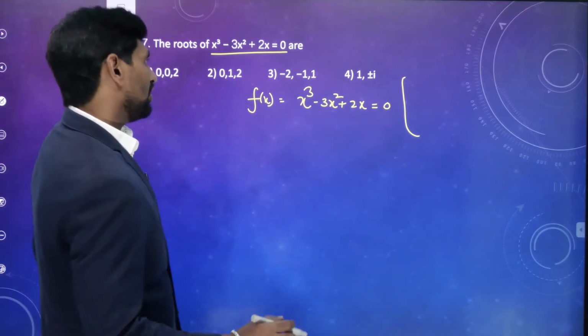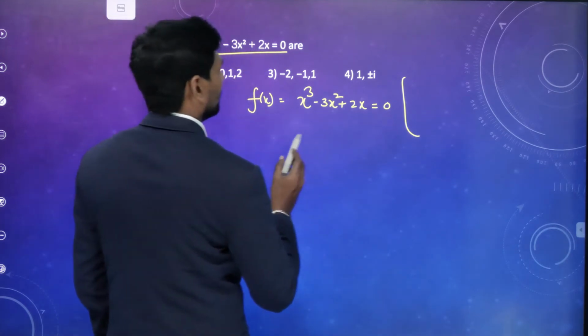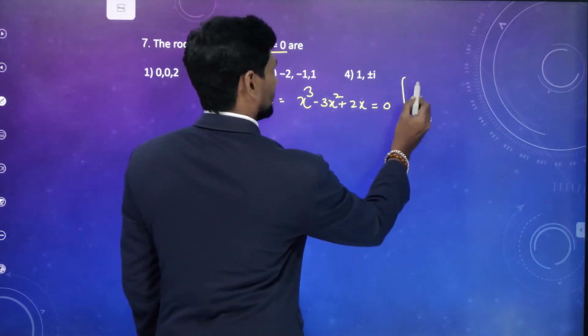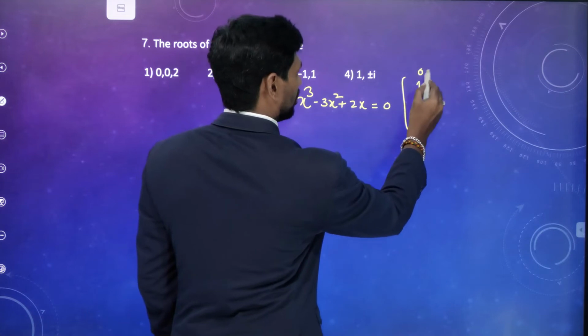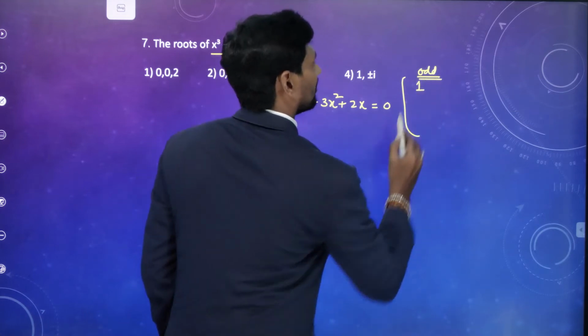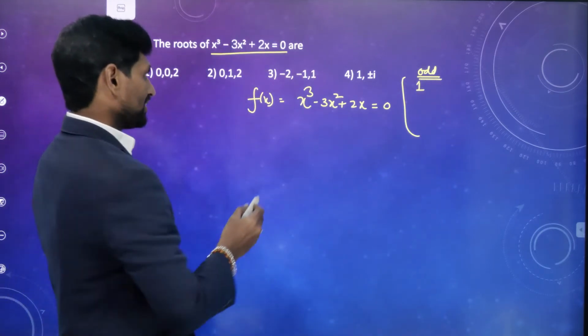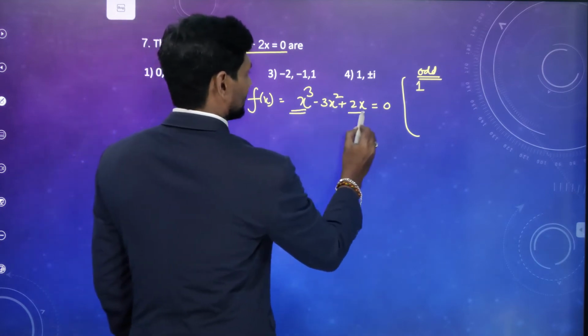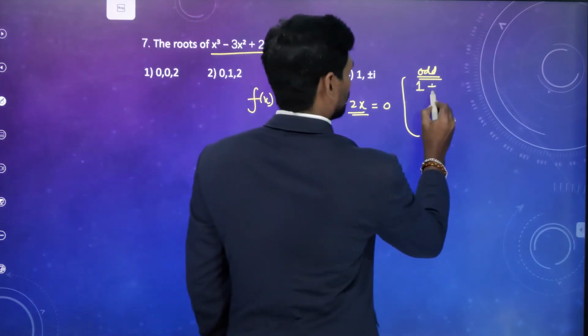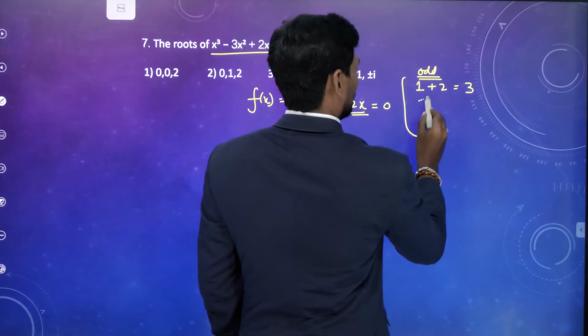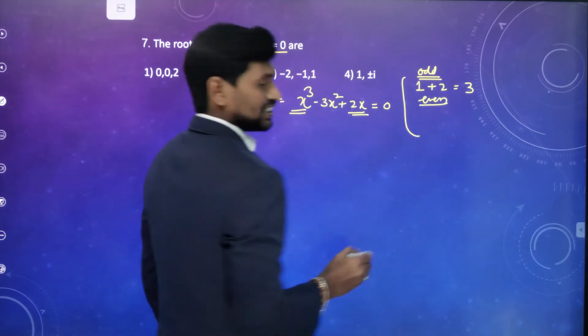Now let me find the coefficients here. The odd coefficients are the x cube term and the x term: 1 plus 2 equals 3. Now the even coefficients with the constant term.